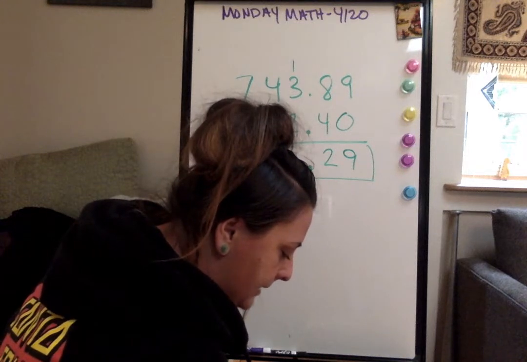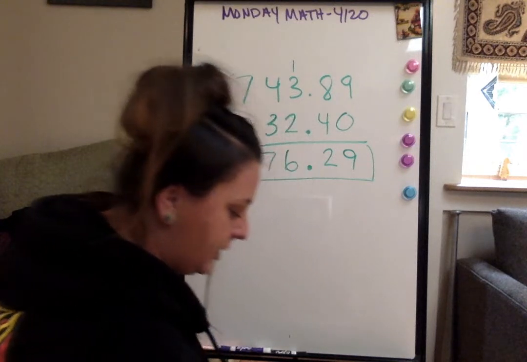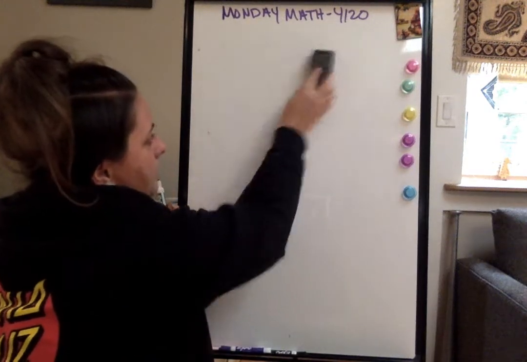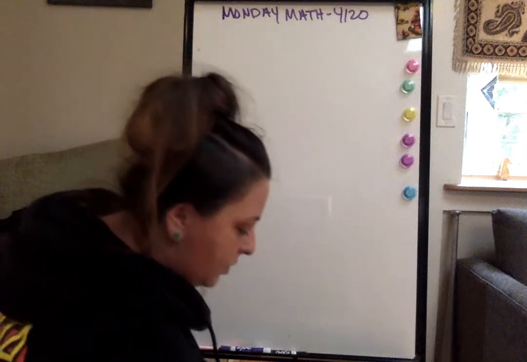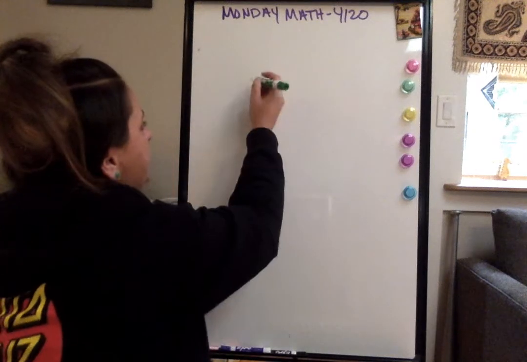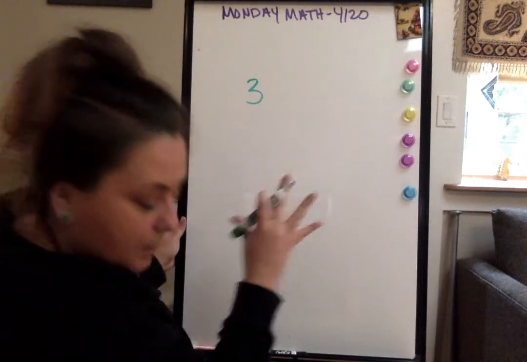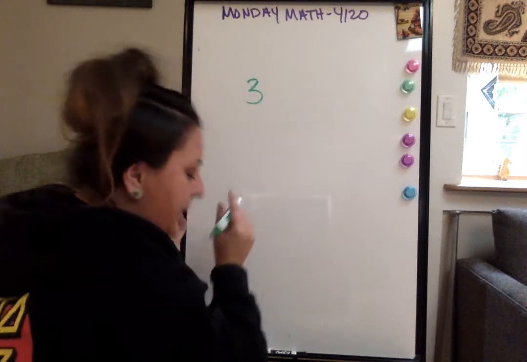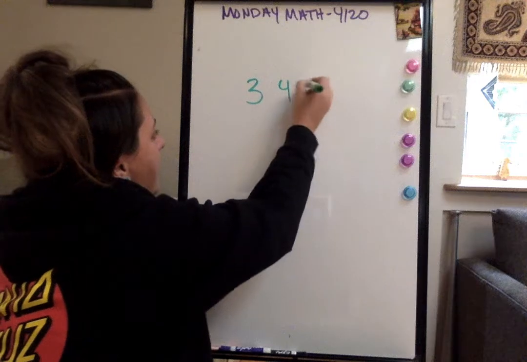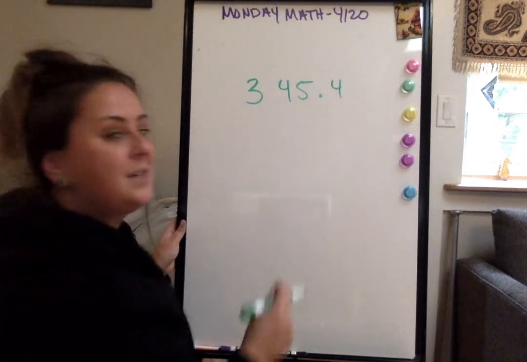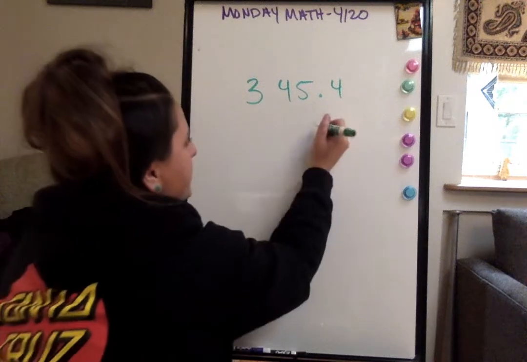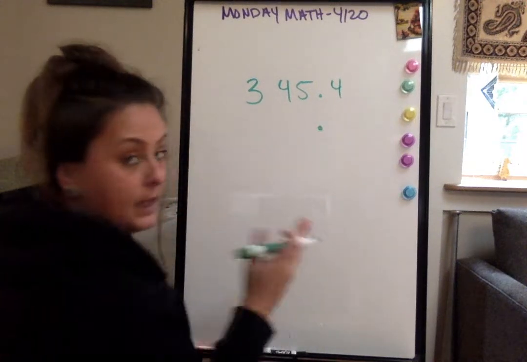Now it's going to be subtraction of decimals. So we have 300, I'm going to write it nice and big with space in between so I can keep it all lined up. 345 and 4/10 minus, put your decimal point first, because remember, it's going to line up.